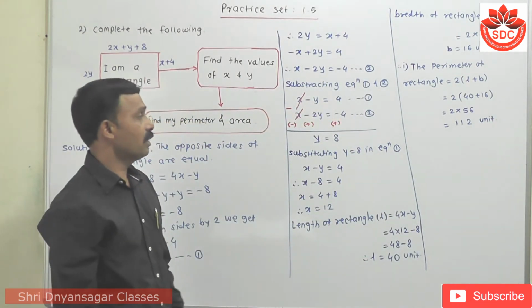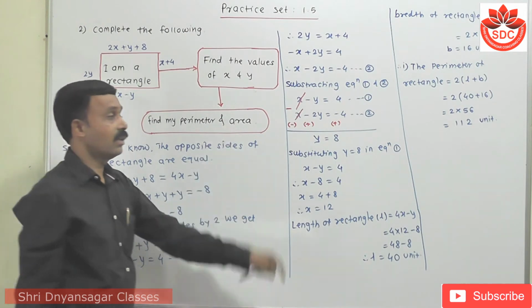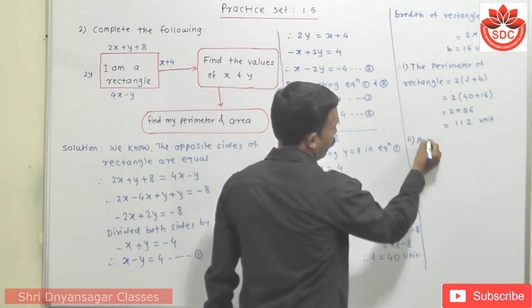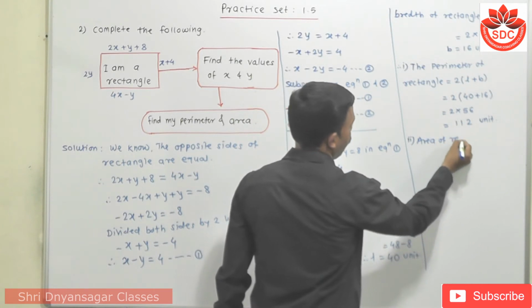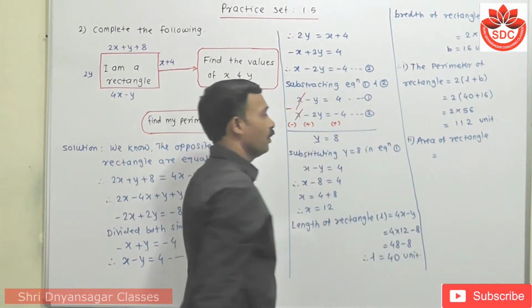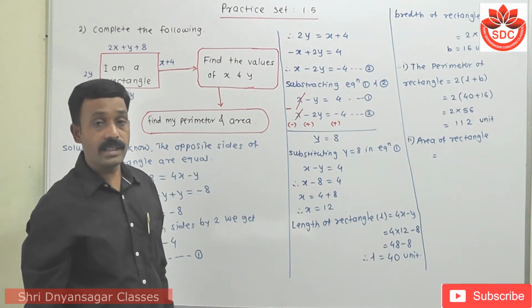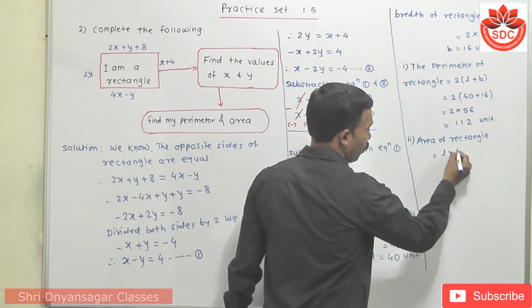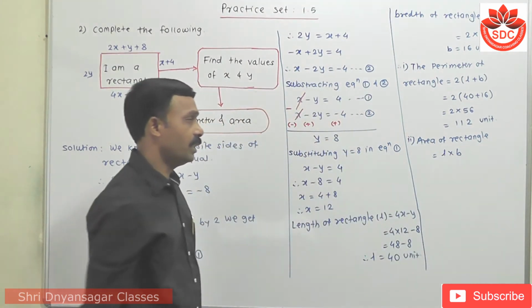Then the second one is we find out its area. So the area of the rectangle is equal to, the formula for the area of a rectangle is length into breadth. Means that L into how much? Breadth means b.